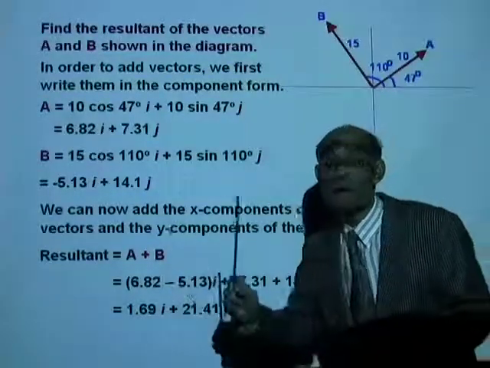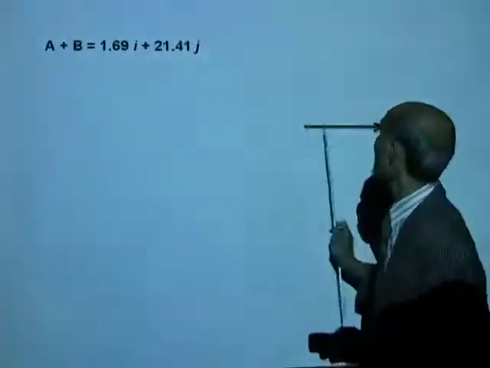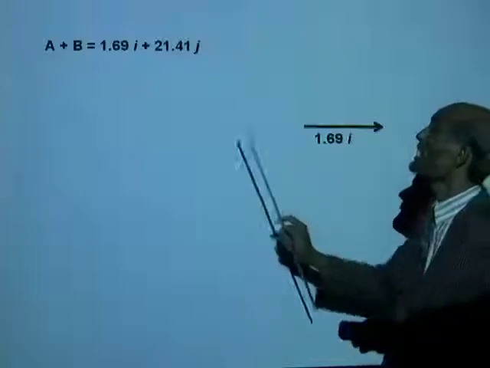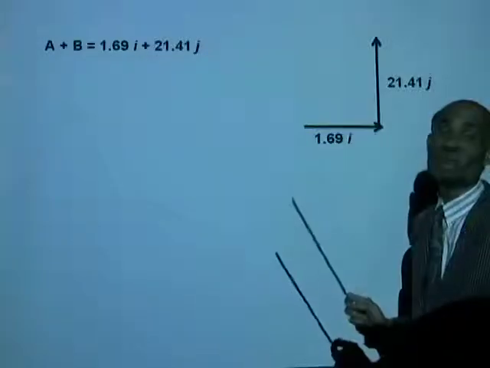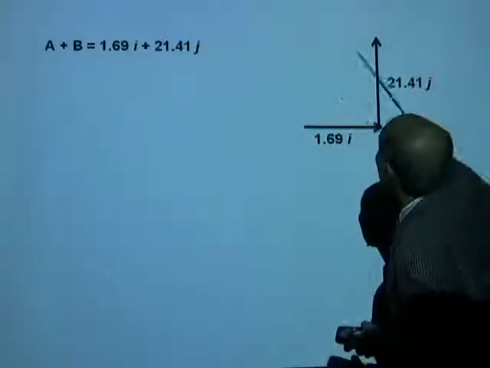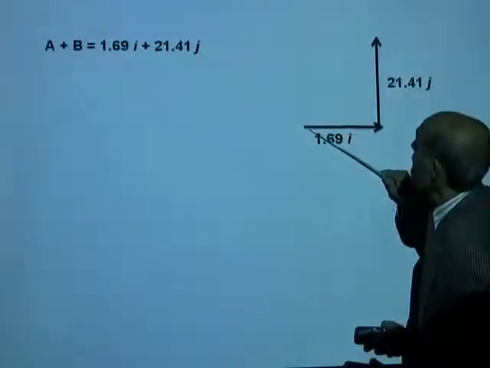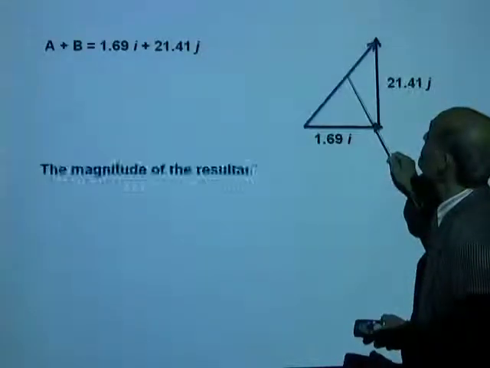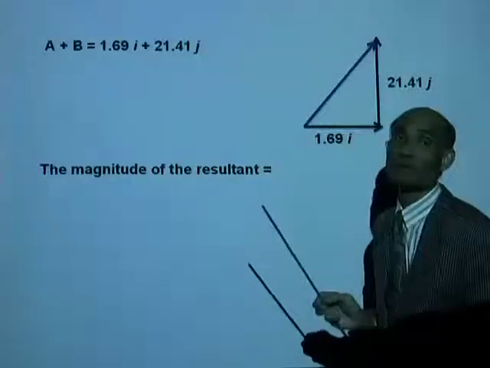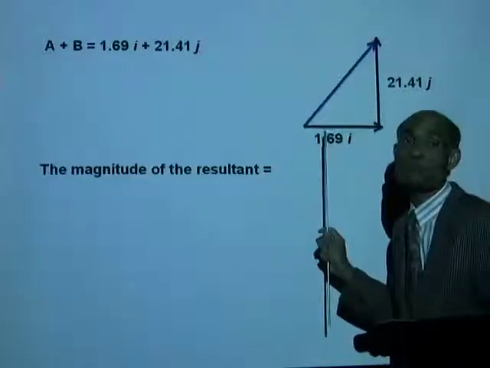We need to find the magnitude and angle of the resultant. Let's do that. So the resultant vector has an x component 1.69i and a y component 21.41j. We need to find the resultant vector A plus B, which will be drawn from the tail of the first to the head of the second. The magnitude of the resultant is, now tell me, how do you obtain the magnitude?